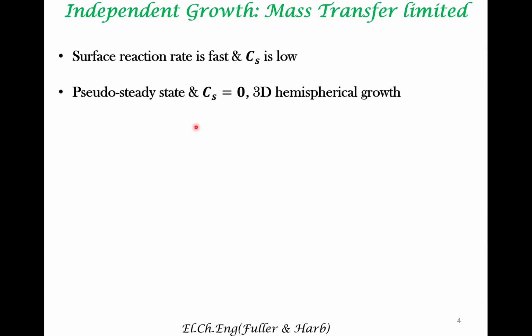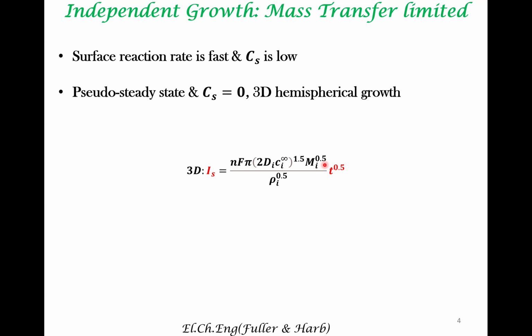And within the pseudo steady state approximation, for a three-dimensional hemispherical growth, we can get an expression. The main thing to notice is that whenever IS scales as square root of t, this t to the power of 0.5 will show up often in a variety of contexts.